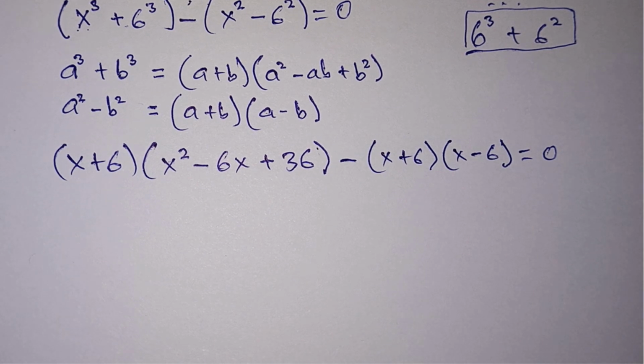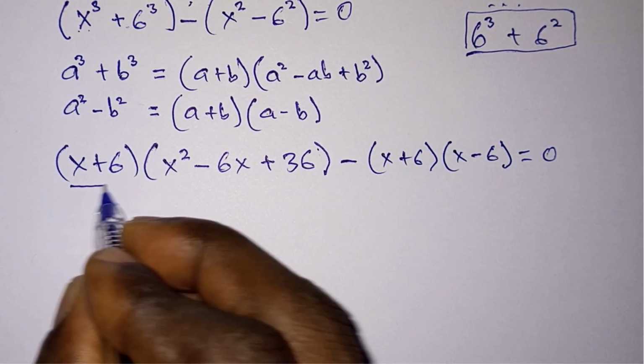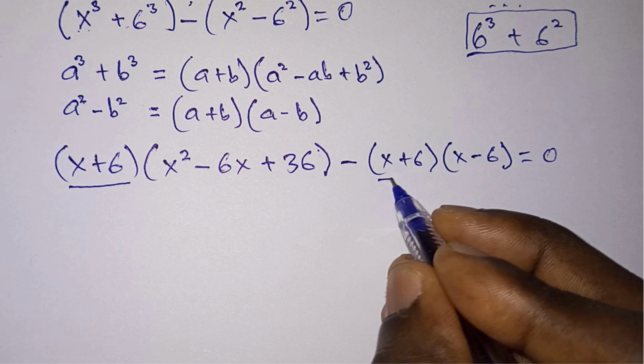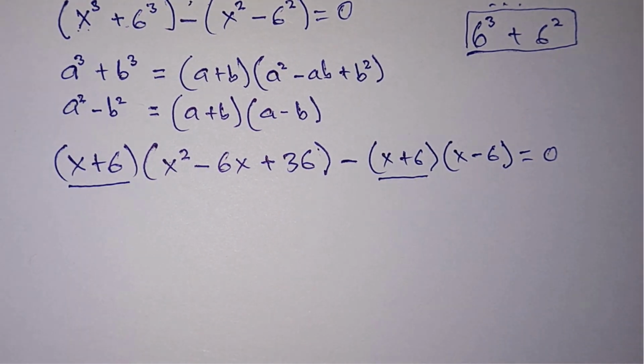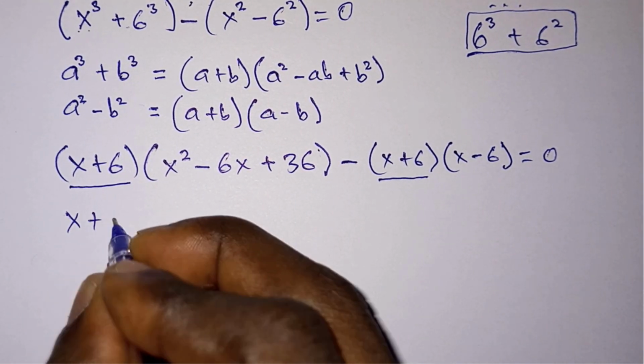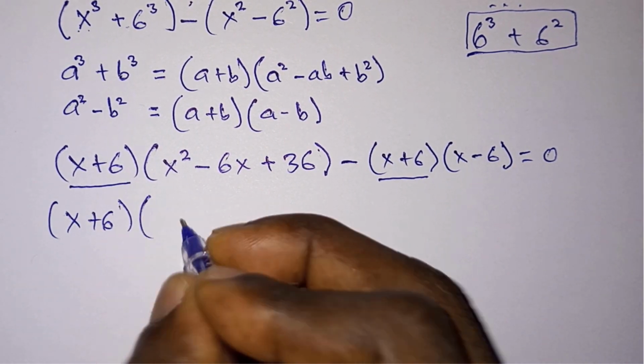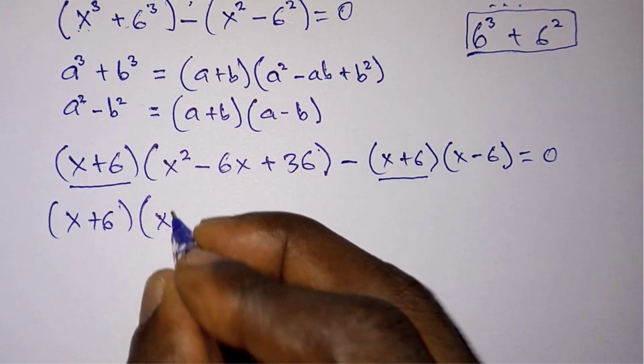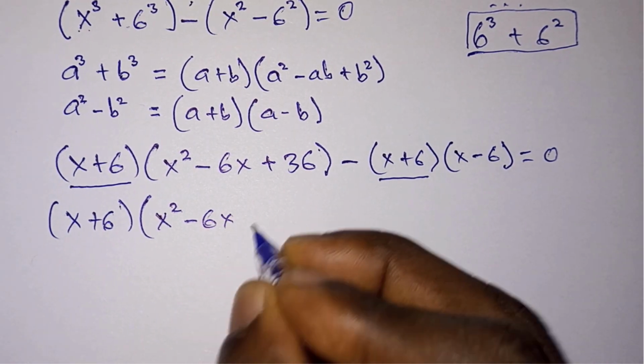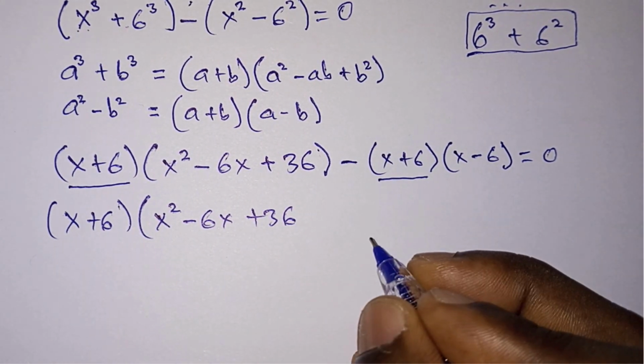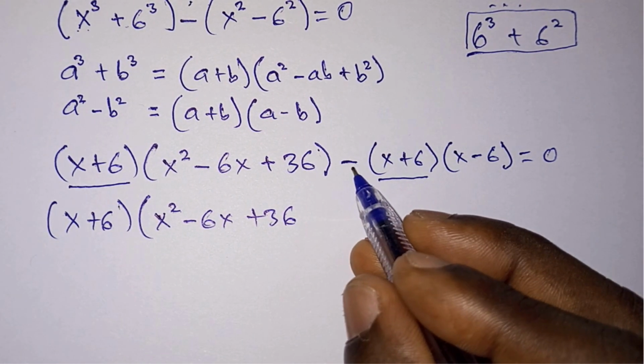If you look at this equation very carefully, you can see we have x plus 6 here, and then we also have x plus 6 here. So let's factor it. We have x plus 6 times, from here we are left with x to the second power minus 6x plus 36. Then from this side, we are left with this negative.